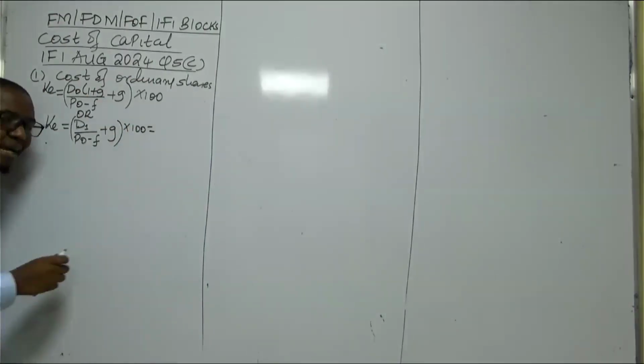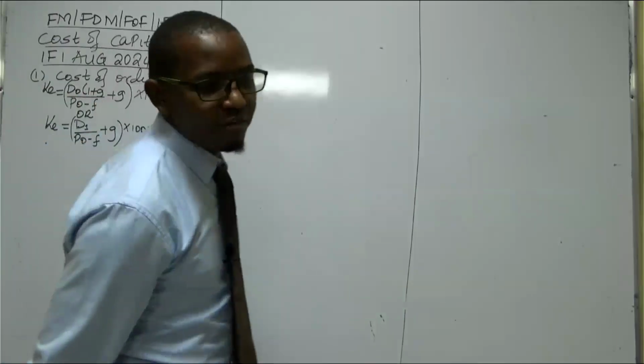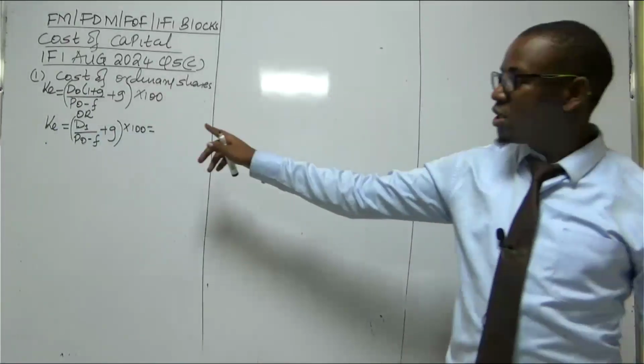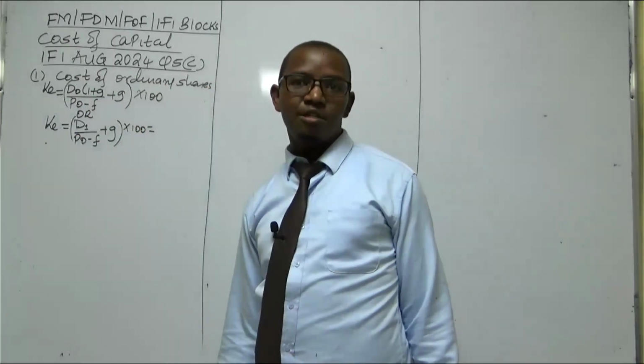So in our case, what we were given is this next dividend. Always, when determining either the value or the cost, I said we always use what we call the next or the expected dividend.